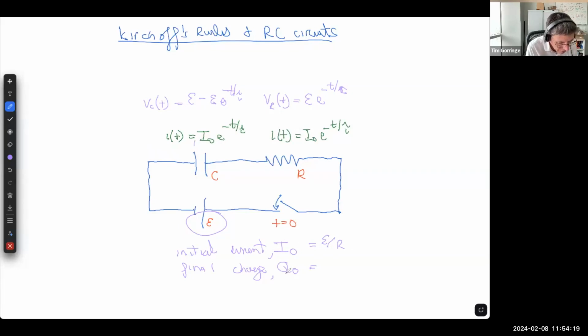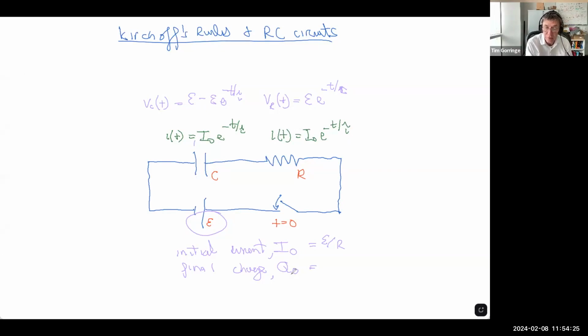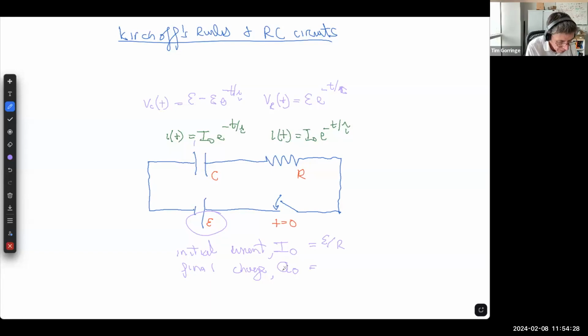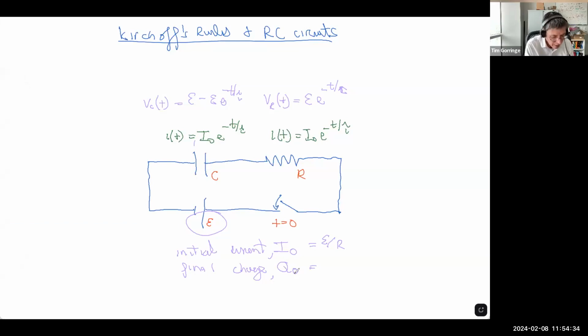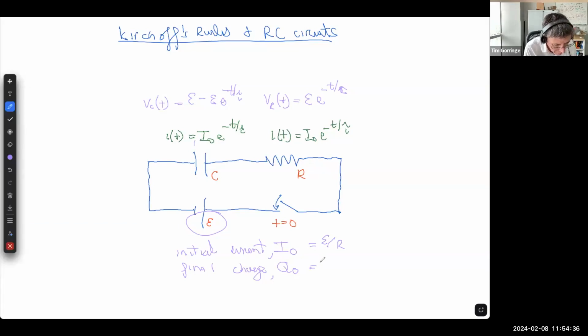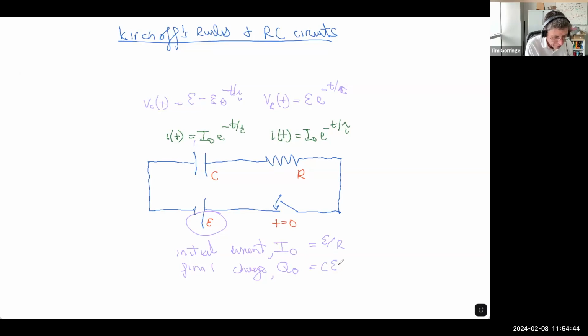On the other hand, for the charge on the capacitor at late times, at times much longer than the time constant, we can use the master equation for the capacitance, C equals Q over V. Just rearrange that, and Q, the charge on the capacitor, is C times the voltage across the capacitor at large times, which is the battery's EMF again.